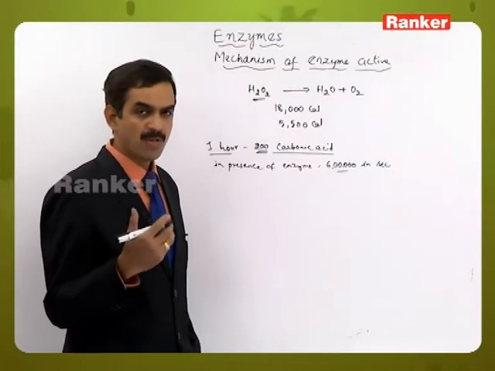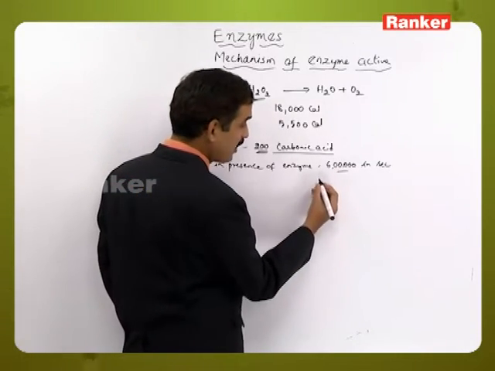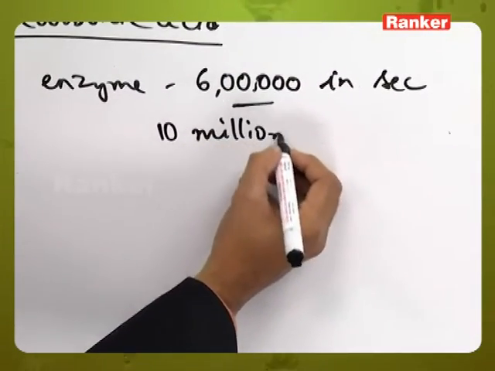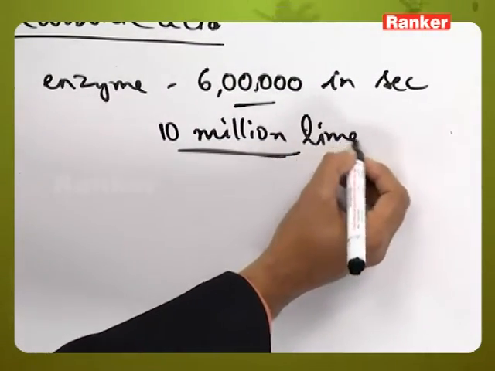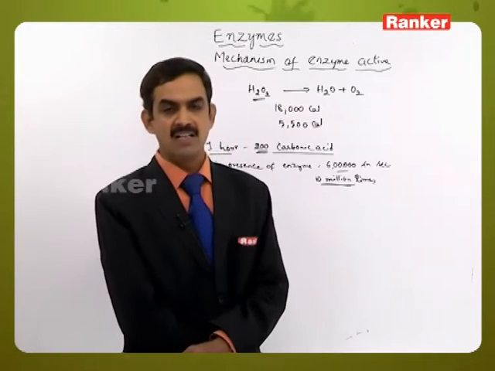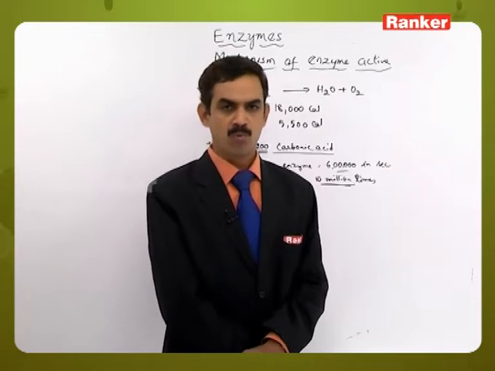That means how fast the reaction is going on; it is 10 million times that of the actual process. Likewise, the reaction will be fast, and it also shows the turnover number of that particular enzyme molecule.